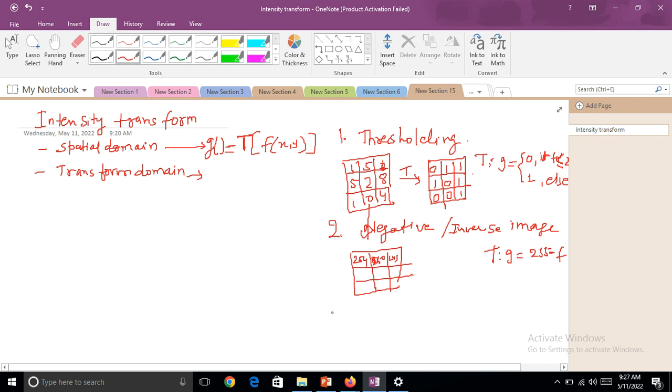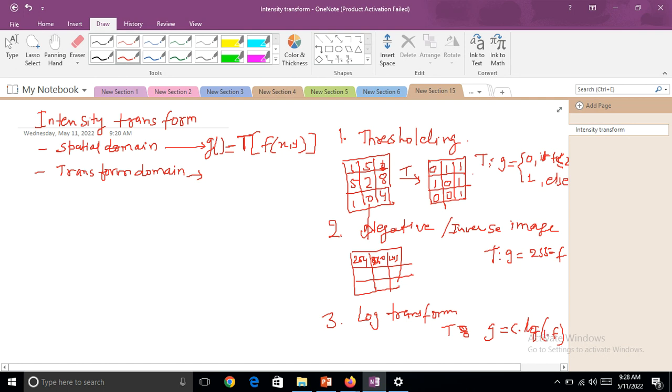Another method is called log transform. Here the transform is such that g is equal to some constant times log of f. But here f sometimes may be 0 and log 0 is undefined.